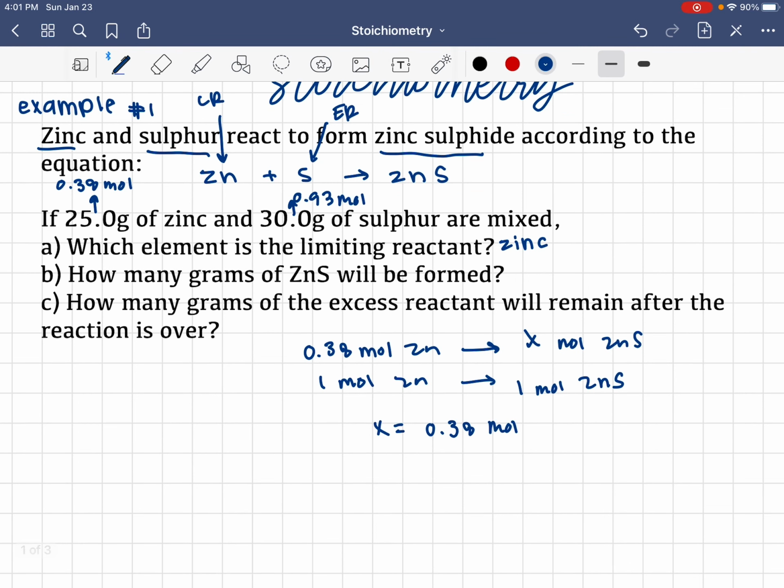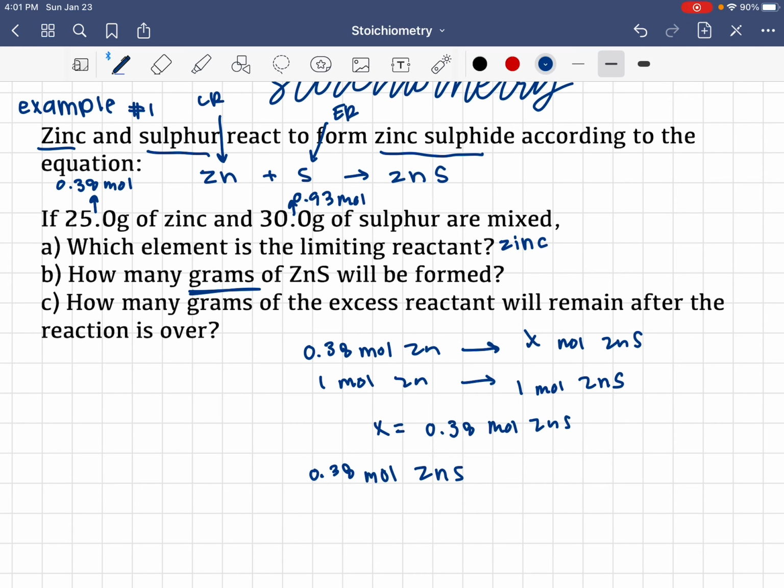And this question is asking for it in grams. Usually, if it's asking for the limiting reactant or excess reactant amount, it's going to be in grams. Or if it says mass, that also means grams, unless it states that they want it in moles. In this case, they want it in grams, so we're going to convert this into grams. So 0.38 moles of ZnS.